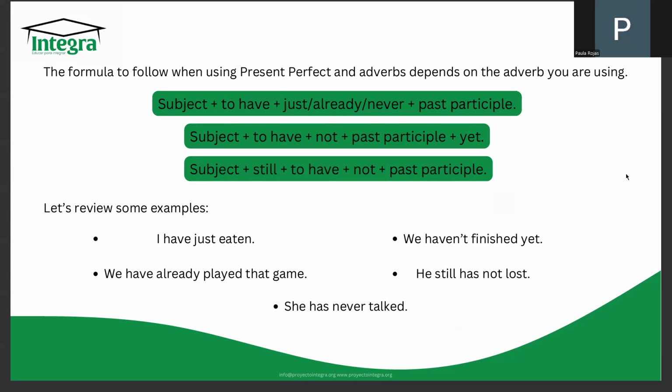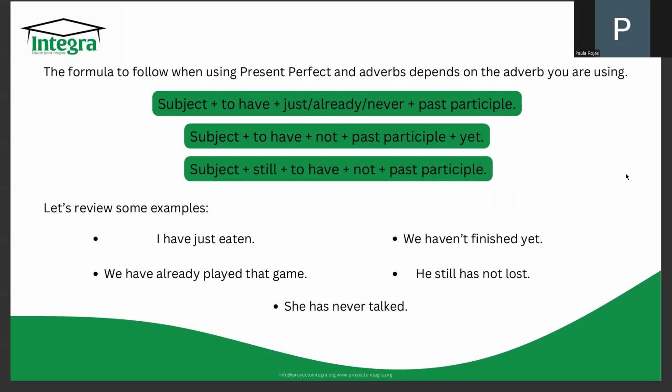The only thing that changes is where does that adverb go in that sentence? Where do we put it? So for example, we have with just, already, and never, we add it this way. Subject, to have, the adverbs, any of these three, just, already, or never, and lastly, the past participle.